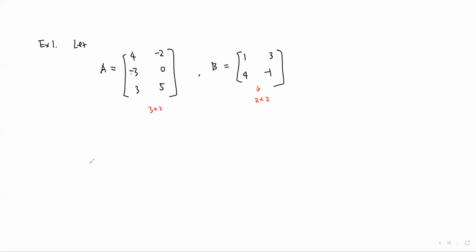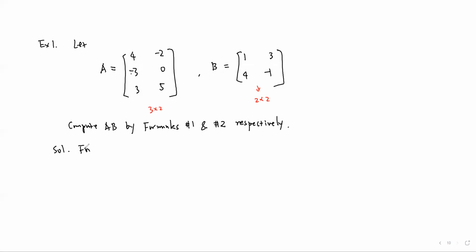Now the question is, compute A times B by formulas number 1 and number 2, respectively. Okay, now the solution.